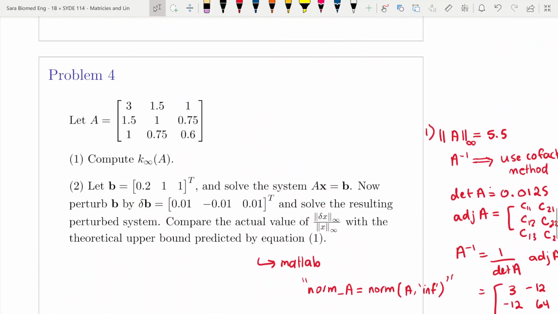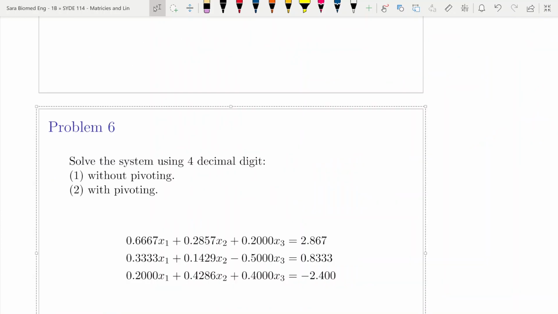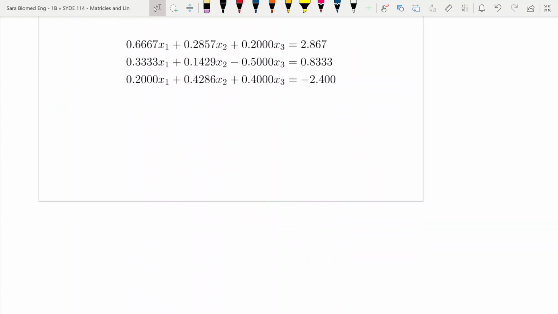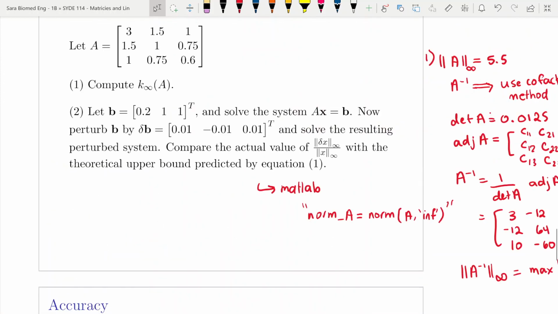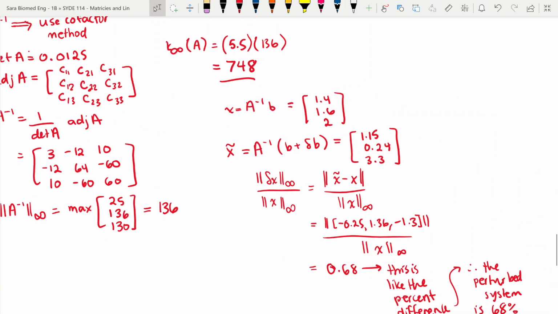But you can get better accuracy by forcing MATLAB to use format long. That means it's going to truncate using 16 digits. Now it's more accurate because we take more information into consideration.